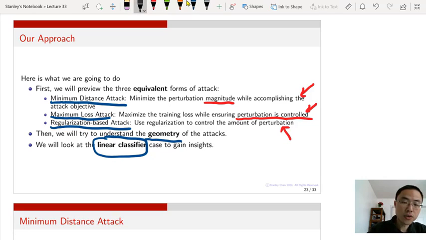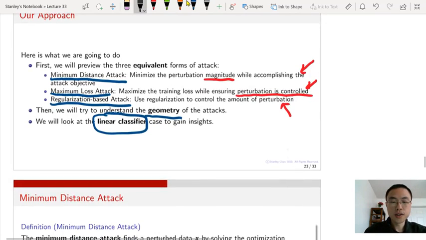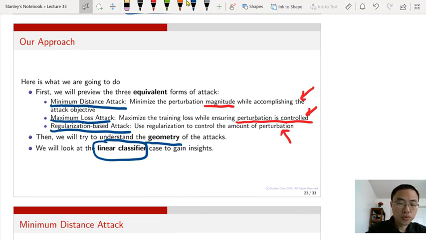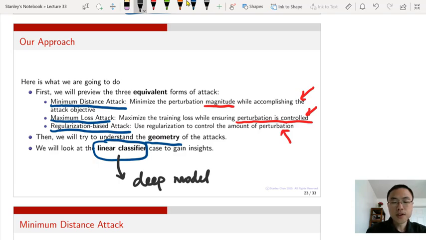Then know that this linear classifier is not enough for you to get connected to the literature, and therefore we are going to move from the linear classifiers to all these deep models. So what you're going to see is that we will start by discussing a lot of linear classifiers.